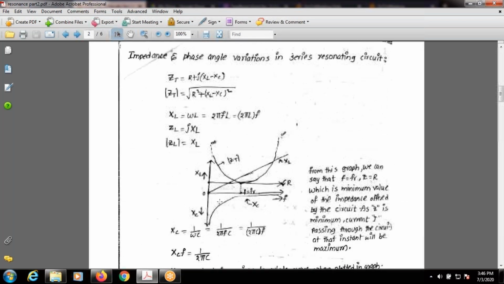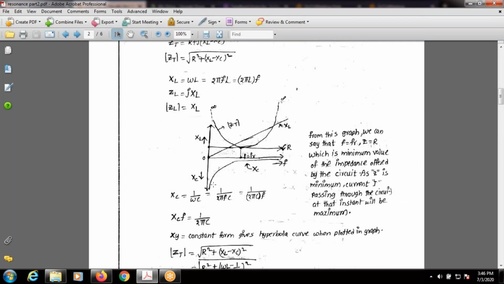In this graph, the x-axis is the frequency and there are different curves. One is XL. XL is directly proportional to F. As F increases, XL also increases. And the total impedance in the circuit is a curved shape.